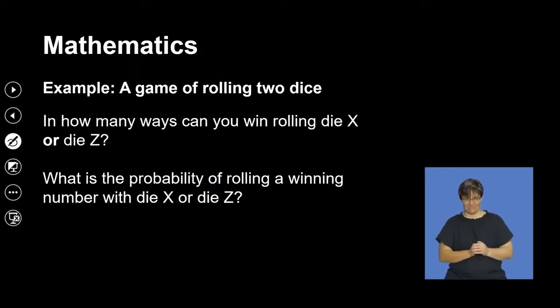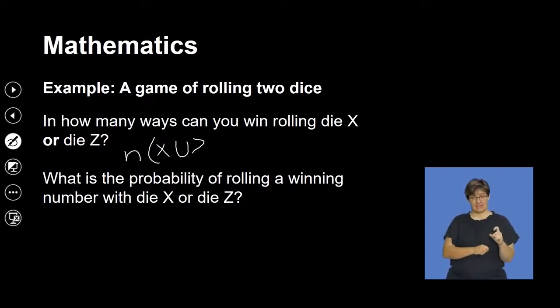Now, if we look at how many times you can win rolling dice X or Z, this is what I wanted to get to. We recognize how many ways you can win in X or Z. Right, what's the number that we can find in the union of X union Z?